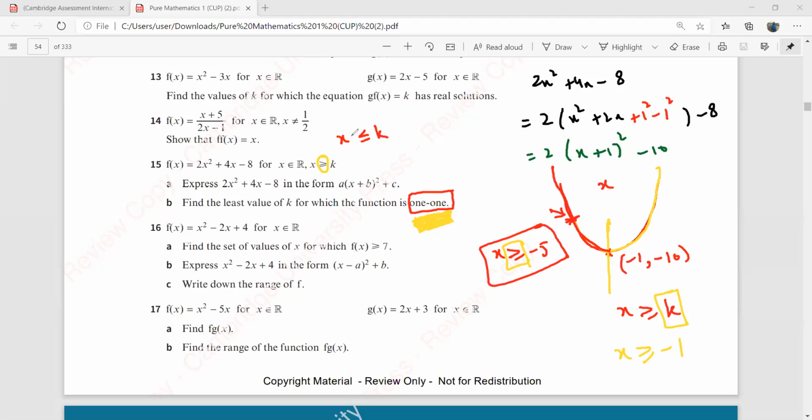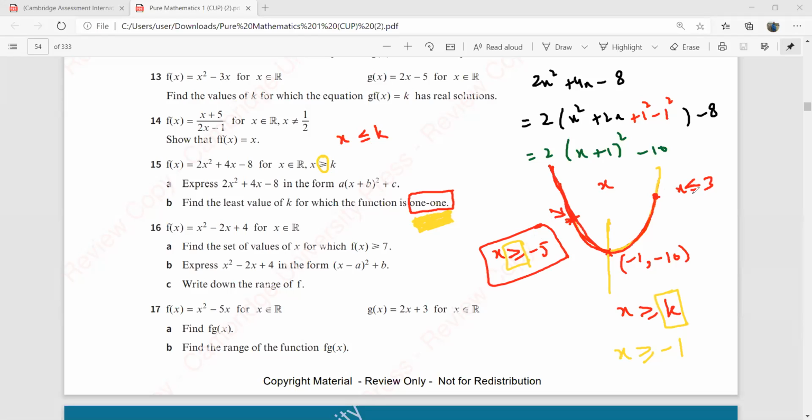Now, when it says x is less than or equal to k, it means you have to go backwards. For example, if you have x equal to, let's say, 3 over here, and it is x less than or equal to 3, then you will be considering this part of the curve.